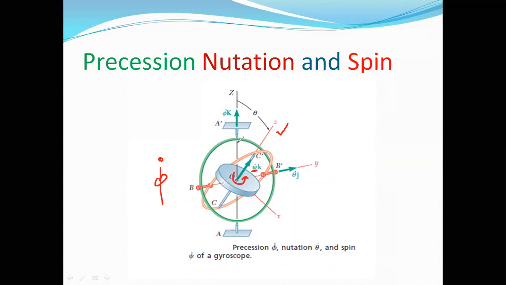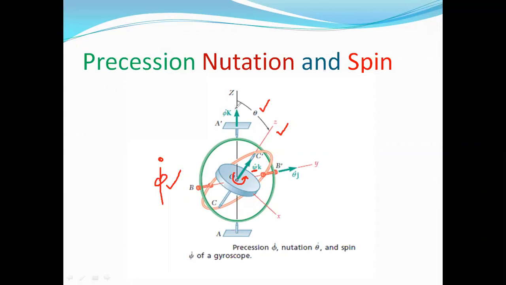Number two, the outer gimbal is also rotating about the z axis with an angular velocity given by phi dot. Phi dot gives us the angular velocity of this outer gimbal with respect to the z axis. Number three, in the precession motion, you imagine that the entire system is held in such a way that the disk's axis of rotation is describing a constant angle of theta with respect to the ground frame z axis.